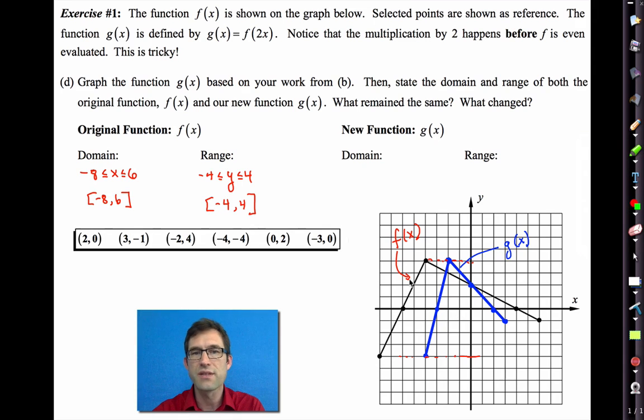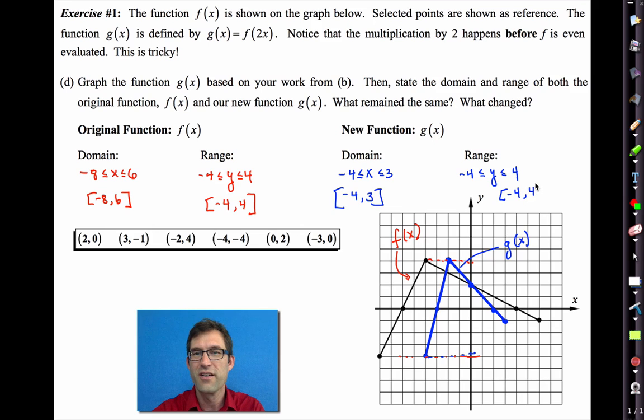Well, its smallest x value now is -4, and its largest x value is 3, or in interval notation, -4 to 3. Its smallest y value continues to be -4, and its largest y value continues to be 4.